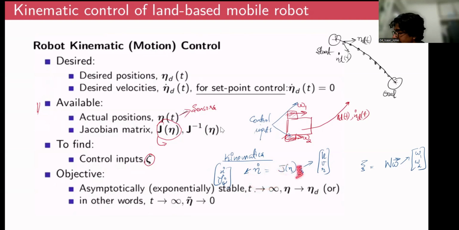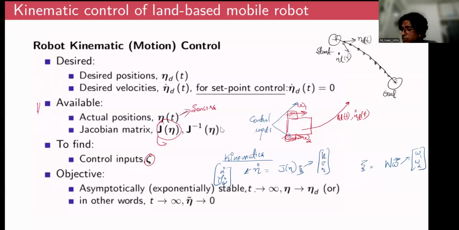And once you have estimated theta, you can estimate this omega vector by pre-multiplying with W on the left-hand side. If you do that, you will get this omega 1, omega 2 vector, which are nothing but the control inputs.